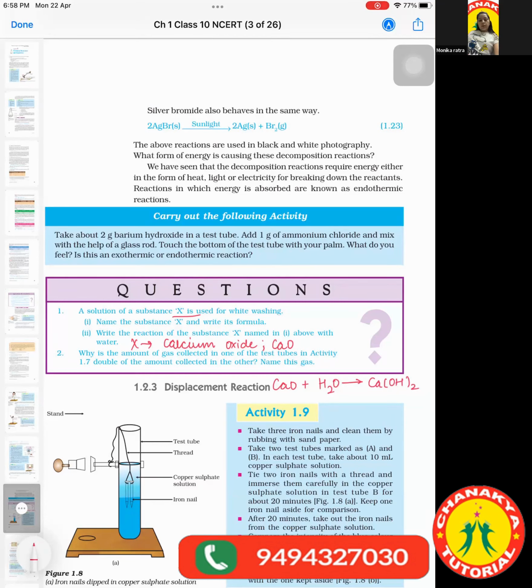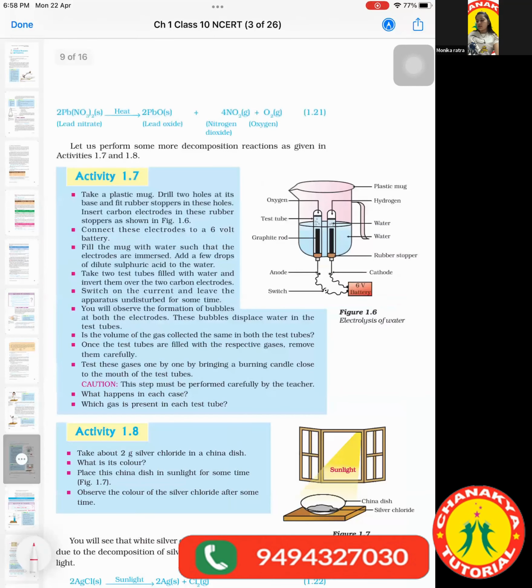Now I will ask one by one the questions. Aryan, can you tell me why is the amount of gas collected in one of the test tubes in activity 1.7 double the amount of gas collected in the other? Name the gas.